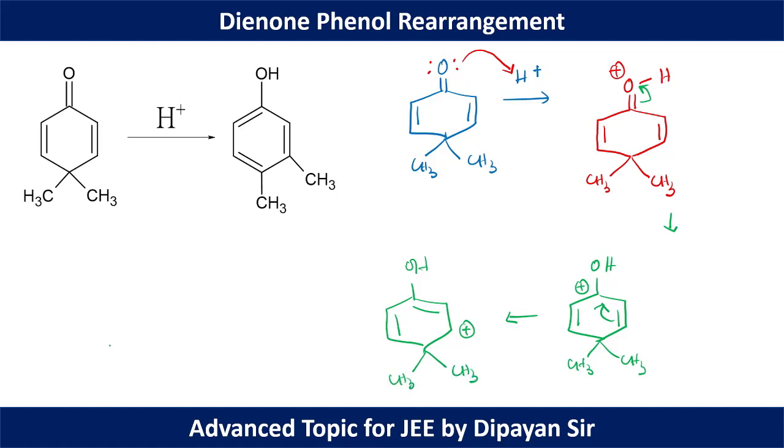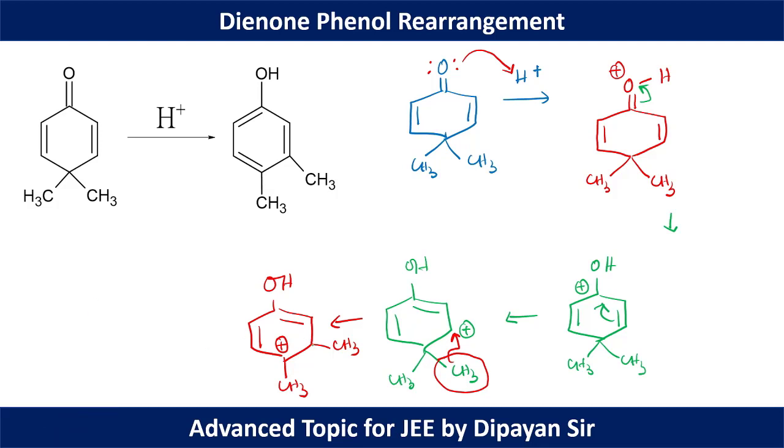Now one of the methyl groups will migrate towards this carbocation and we will get this kind of intermediate which is resonance as well as hyperconjugation stabilized.